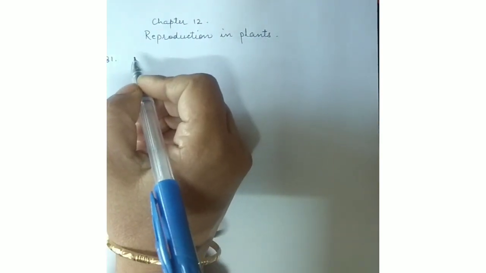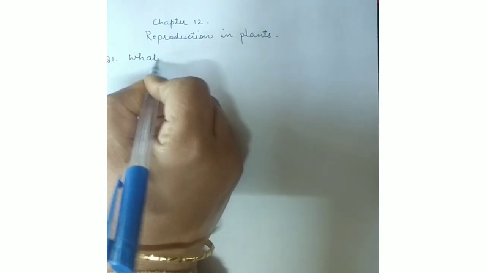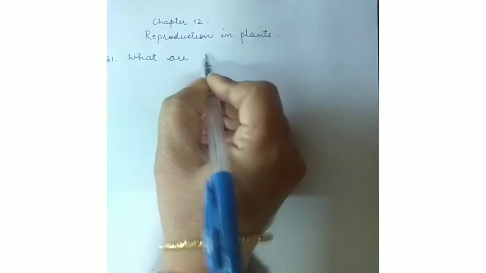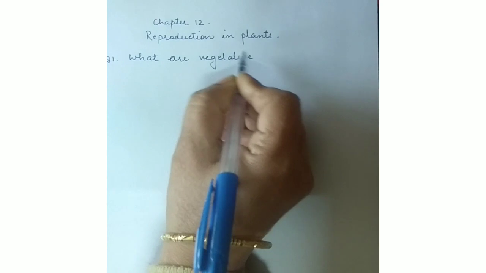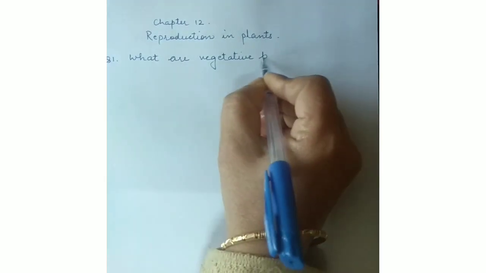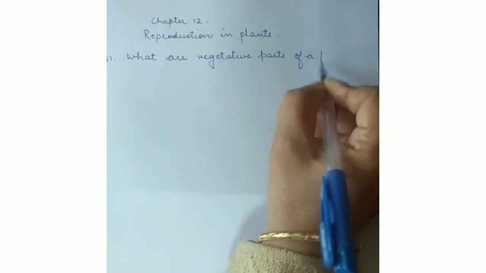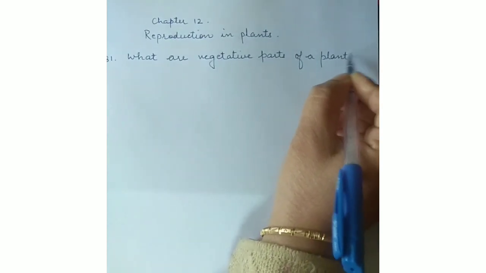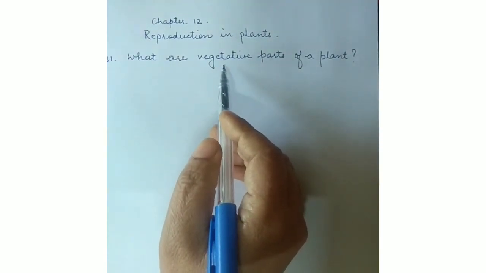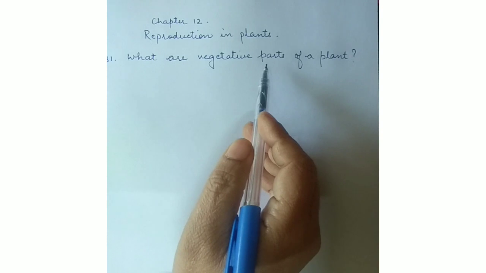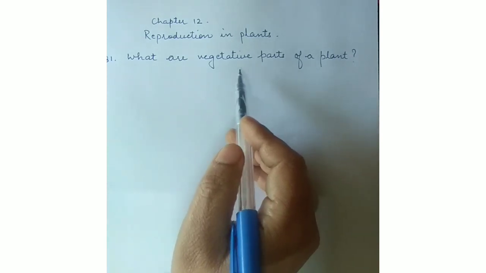what are vegetative parts of a plant? Remember this, when we talk about vegetative parts, except flowers, all the parts of the plants come under this category.